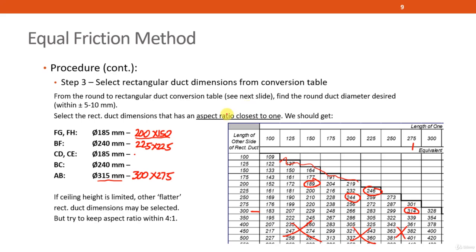And maybe let's do one last extra step, that is to calculate the various aspect ratios. So the aspect ratio for 200 times 150 is around 1.3. As for the second one, 225 times 225, the aspect ratio is 1, which is the best that it can get. And finally, for 300 times 275, the aspect ratio is 1.1. As you can see from here, all the aspect ratios are quite good and within a good range.